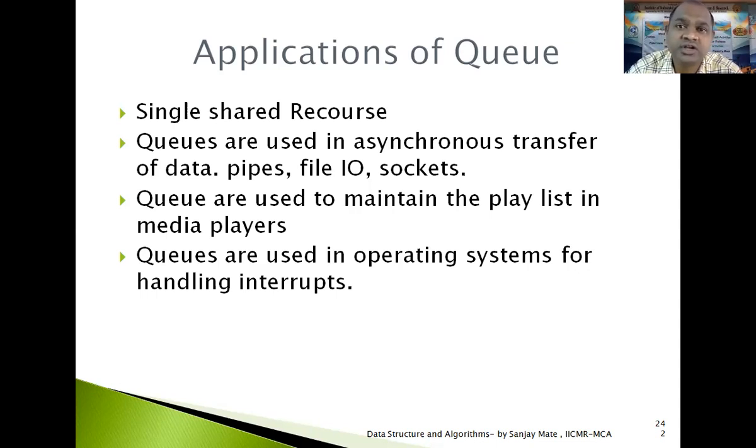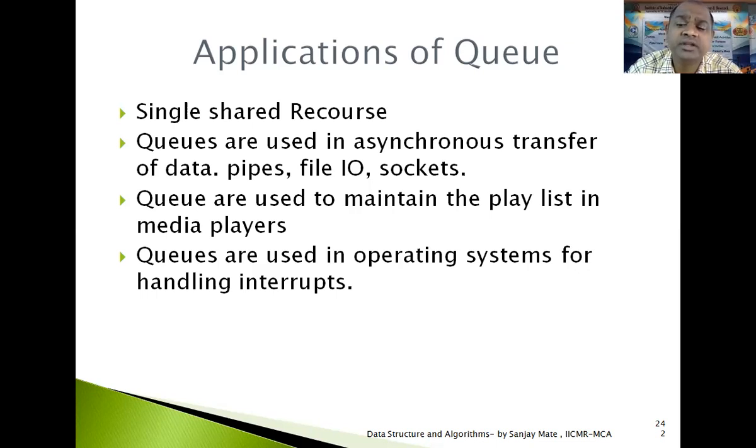The data is also transferred in the queue: first bit, then second bit, then third bit, and then fourth bit. Queues are used to maintain the playlist in a media player, or in mobiles you have a playlist, so after this, after this, after this.